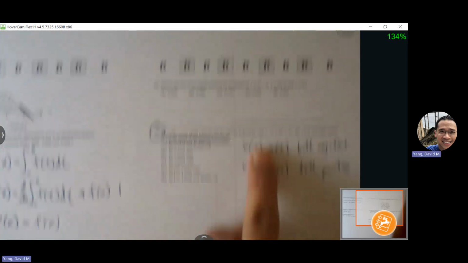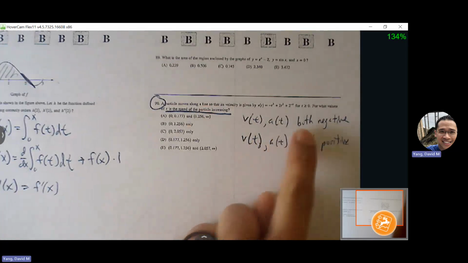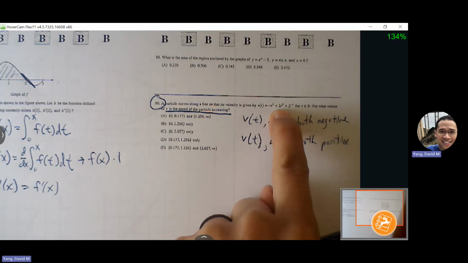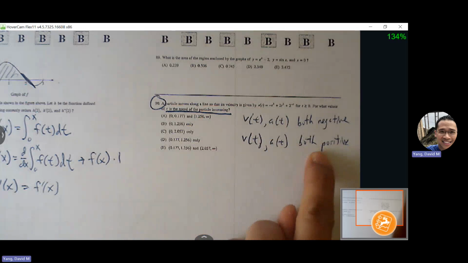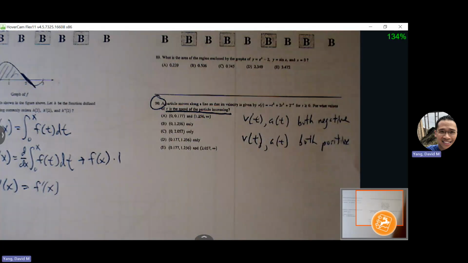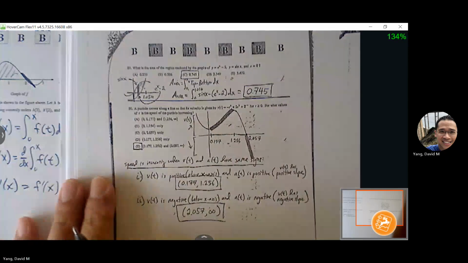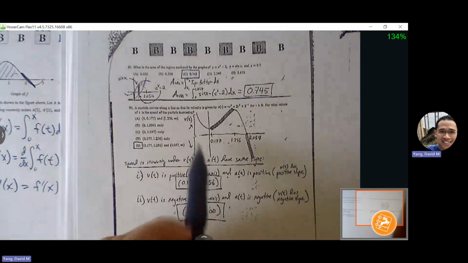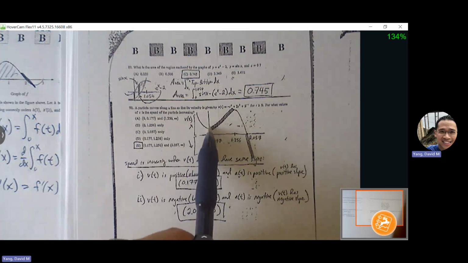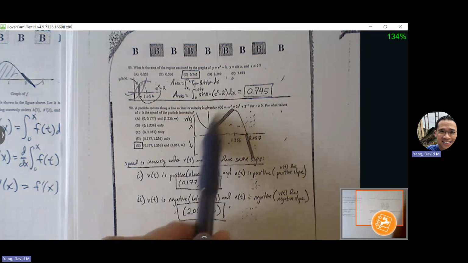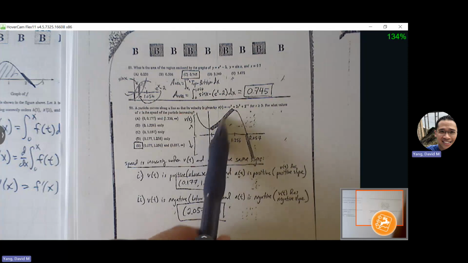Now, velocity is the graph we're looking at. So it needs to be either above the x-axis with a positive slope, or below the x-axis with a negative slope, right? So all we do is sketch our graph and then look to see where it is above the x-axis, meaning positive velocity, with positive slope of velocity, meaning acceleration is positive.